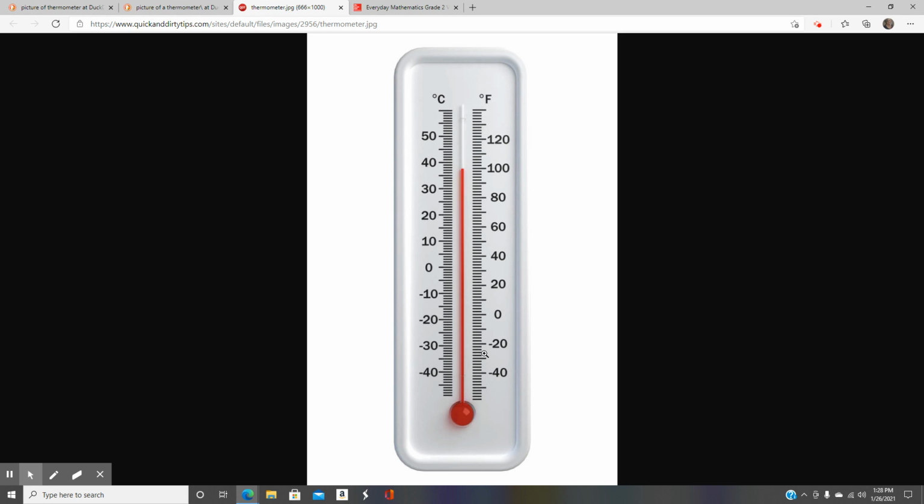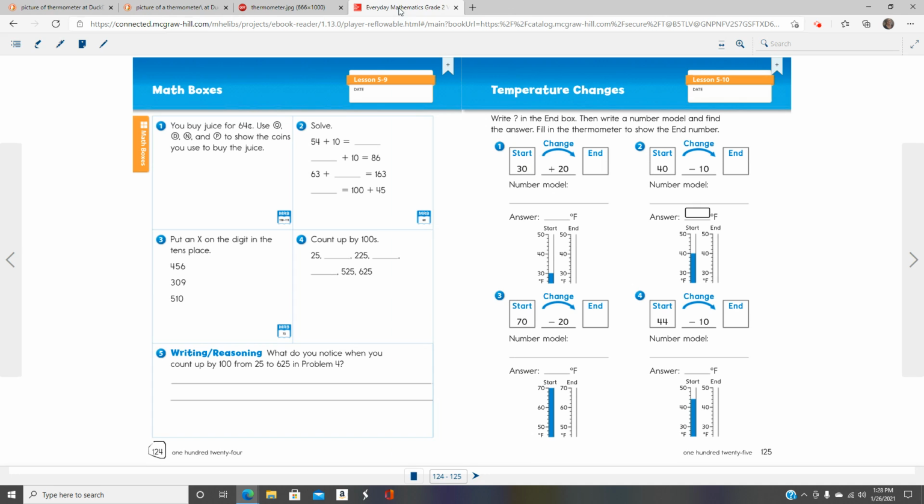So if you were to just count on the longer lines, it would count negative 40, negative 30, negative 20, negative 10, 0, 10, 20, 30, 40, 50, 60, 70, 80, 90, 100, 110, 120, 130, 140. Good job.